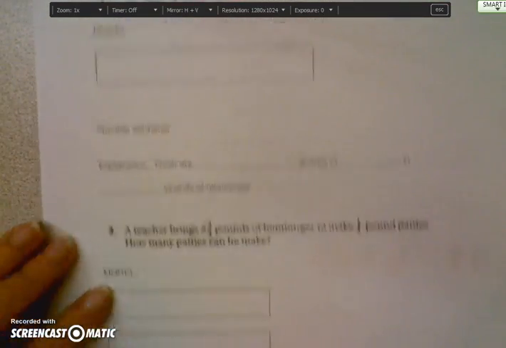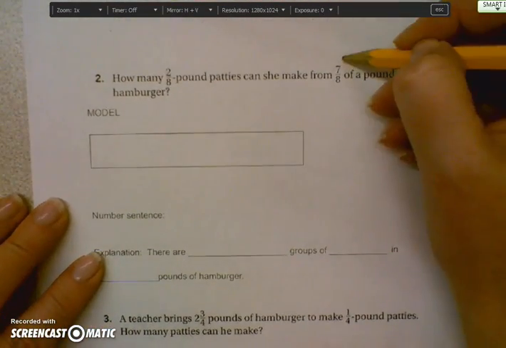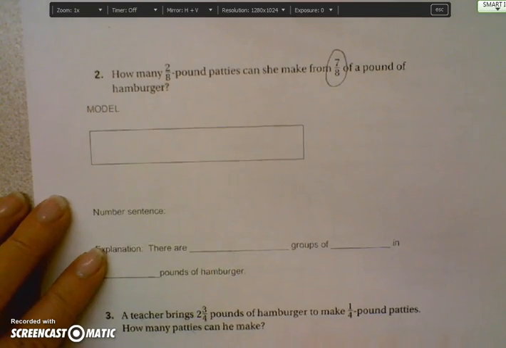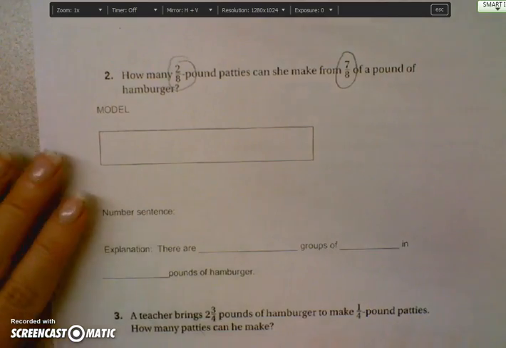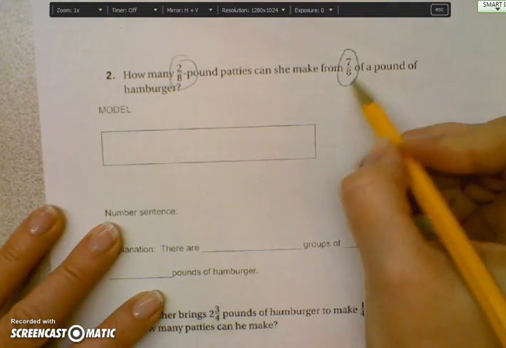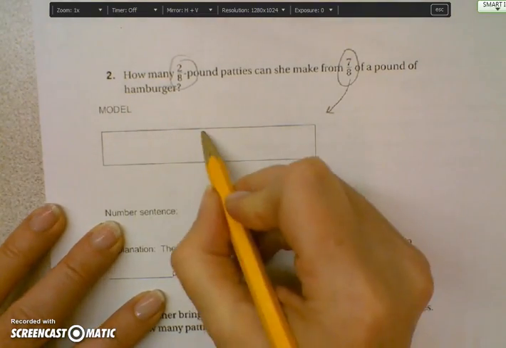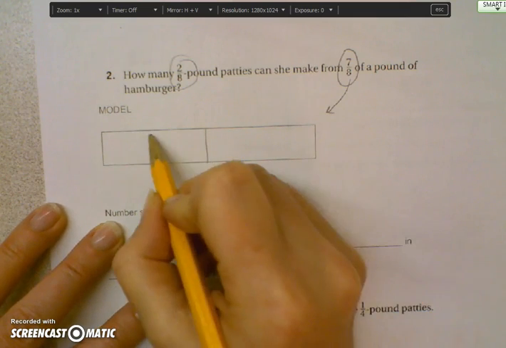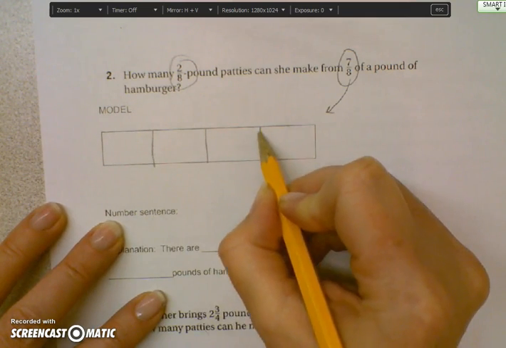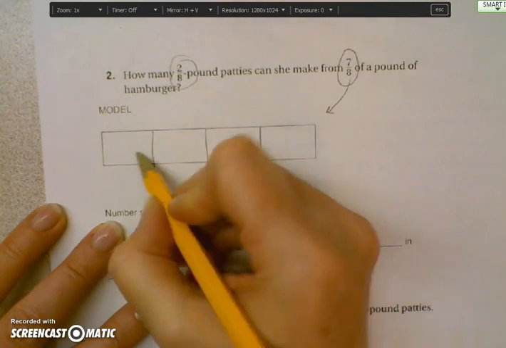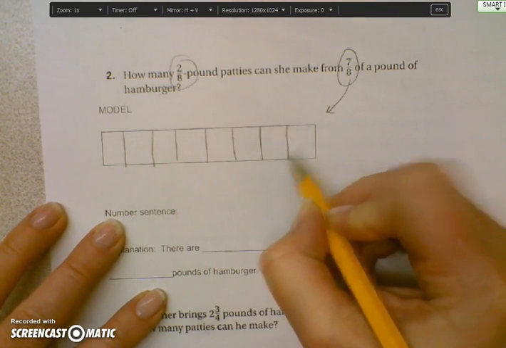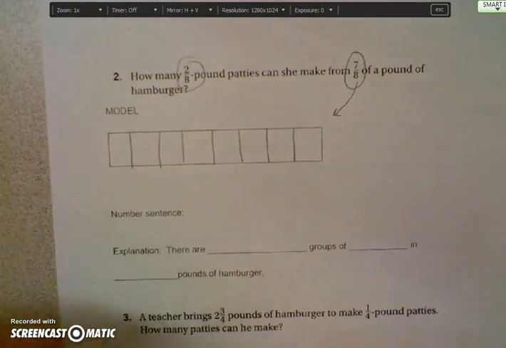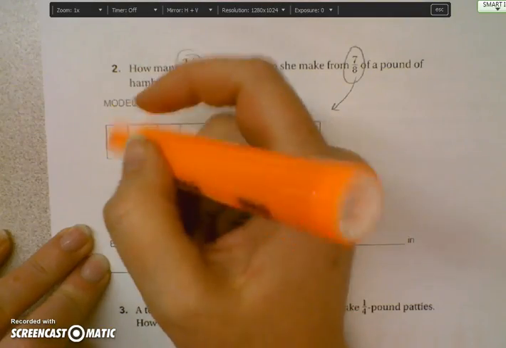Okay, flip over to the next side. Again, we're still working with hamburger. We still have 7/8 of a pound, except this time we're going to make our burgers bigger. All right, again, I'm going to divide my model into eighths because that's what I'm starting out with, 7/8 of a pound, starting with half, then into fourths, then into eighths, and I have 7/8 of a pound.